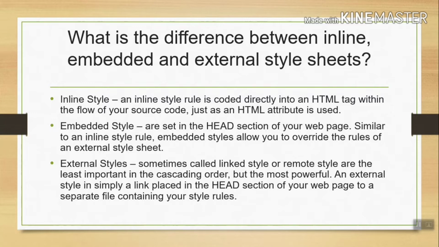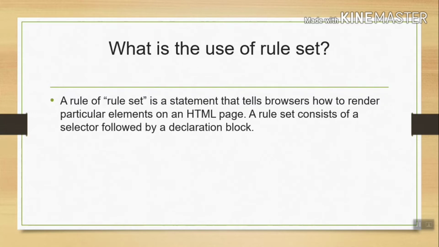External styles, sometimes called link styles or remote styles, are the least important in the cascading order, but the most powerful. An external style is simply a link placed in the head section of your web page to a separate file containing your style rules.